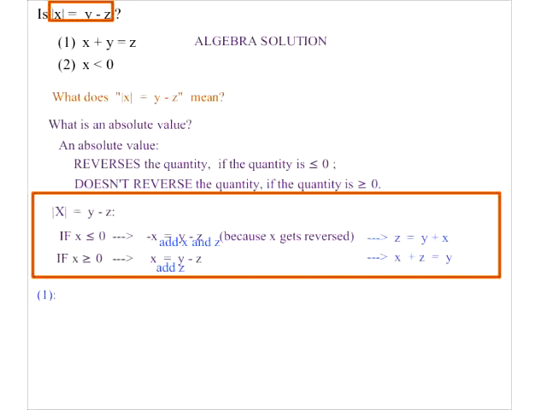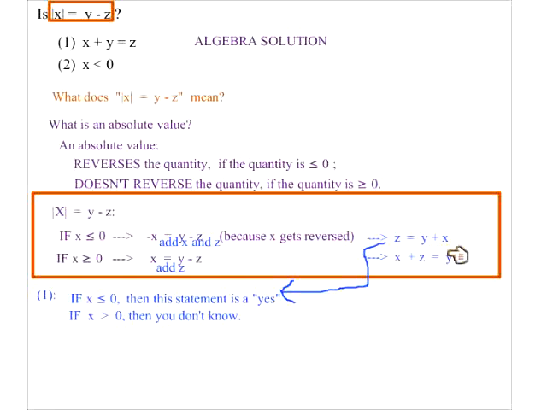So if x is less than or equal to 0, then this statement is sufficient, or this statement is a yes, because if you look here, there's your proof. On the other hand, if x is not less than or equal to 0, if it's greater than or equal to 0, then you don't know, because this is a different equation. So that's why this is insufficient.